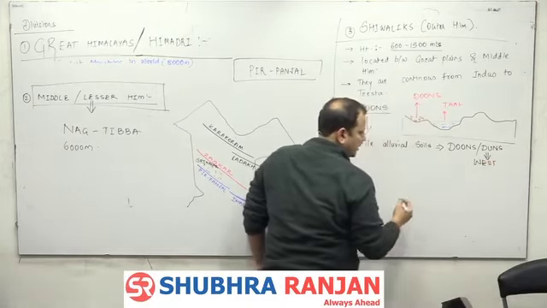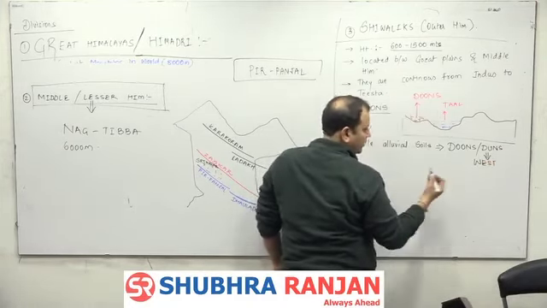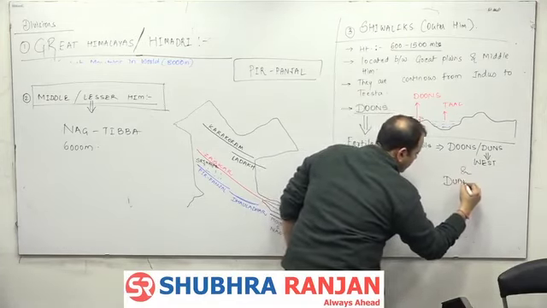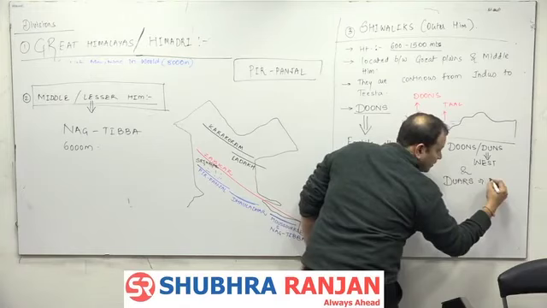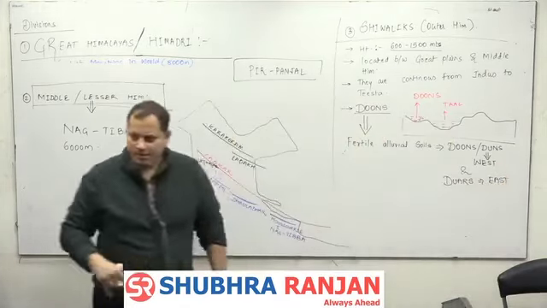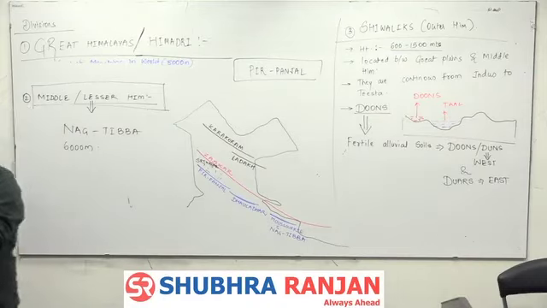Dunes in the west, and duars in the east. West Bengal में दुआर. Dunes and दुआर, नाम सिर्फ अलग है. Understood the mechanism, everyone? Fine.